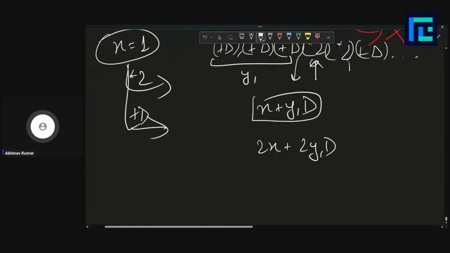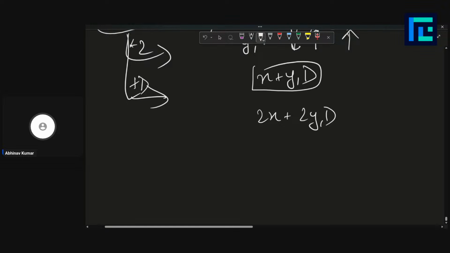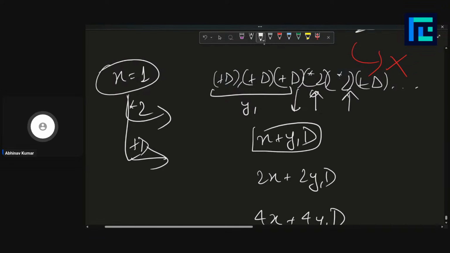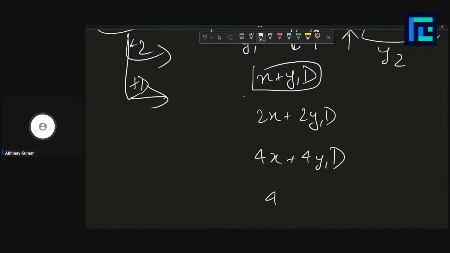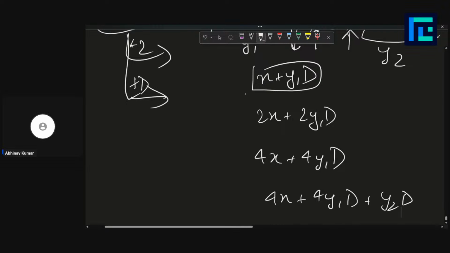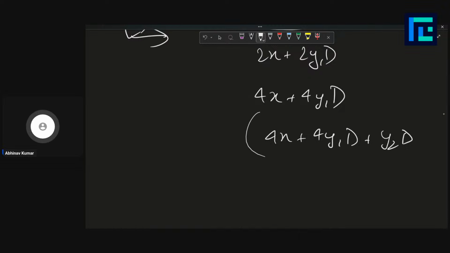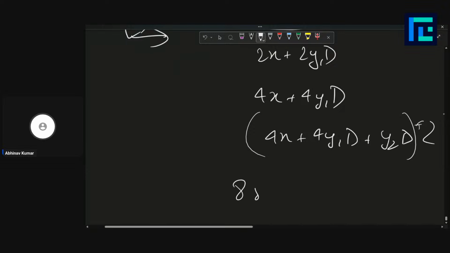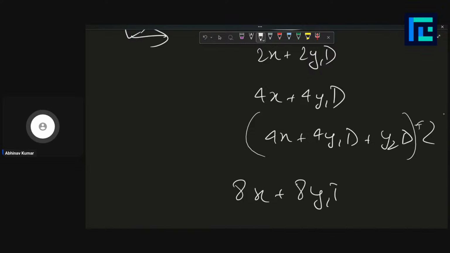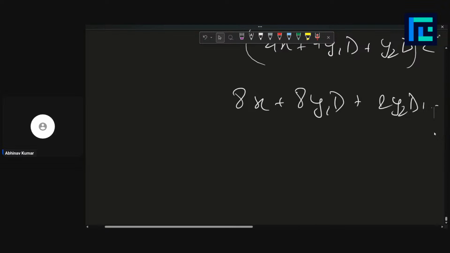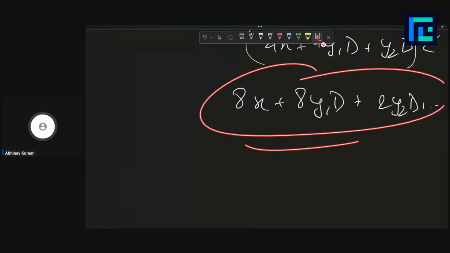Again, if you do multiply by 2 operation, your x value becomes 4x plus 4 times y1d. Again, if you do some plus d operation, let's say y2 times, it becomes 4x plus 4y1d plus y2 times d. Okay, again, if you do multiply by 2, it would become 8x plus 8y1d plus 2y2d, something like that. So what final value are you getting?